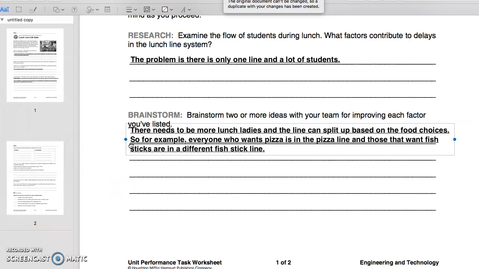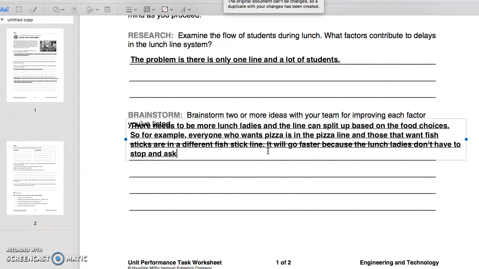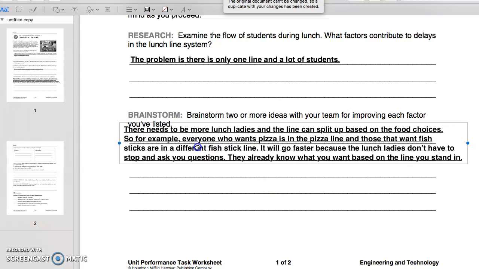Because then it will go faster, because the lunch ladies don't have to stop and ask you questions. They already know what you want based on the line you stand in. There's also more lines.